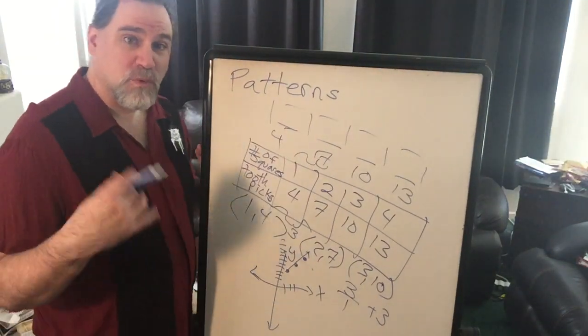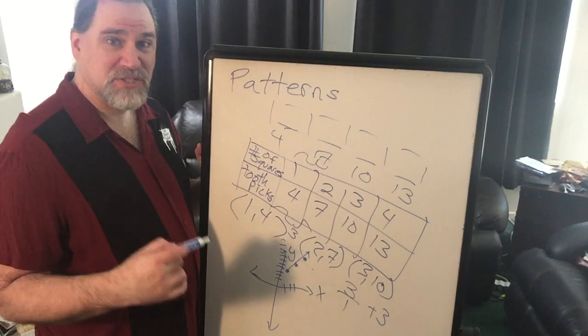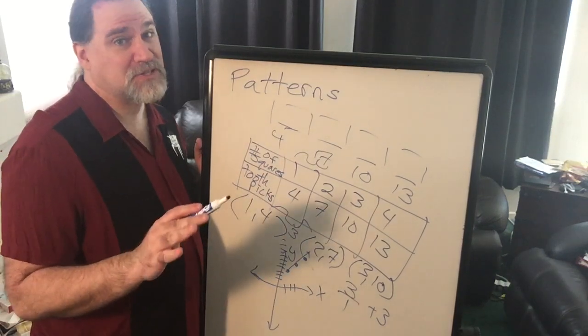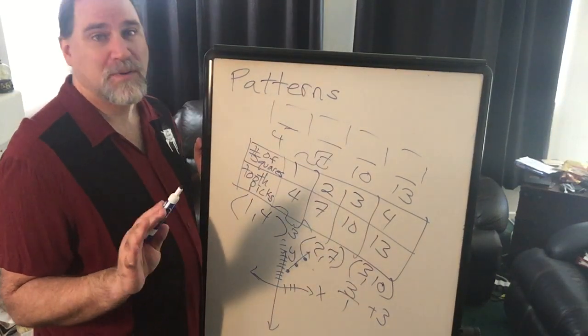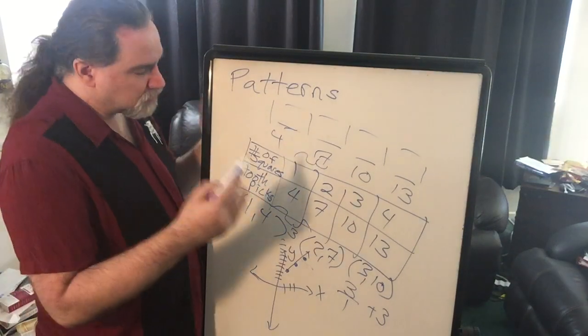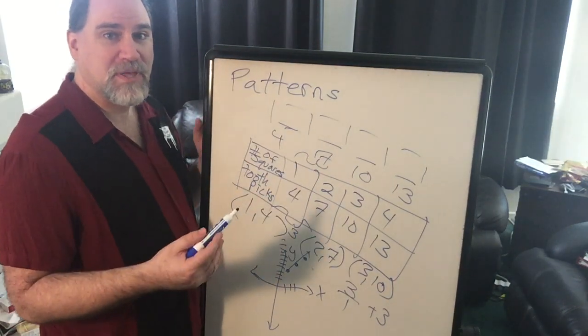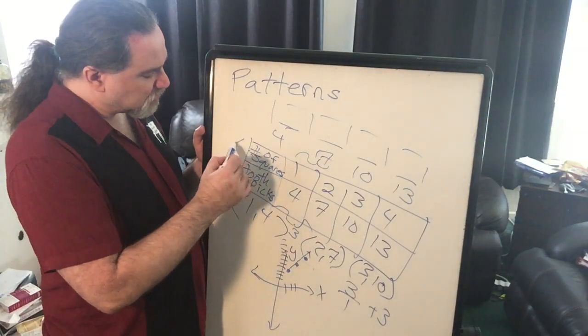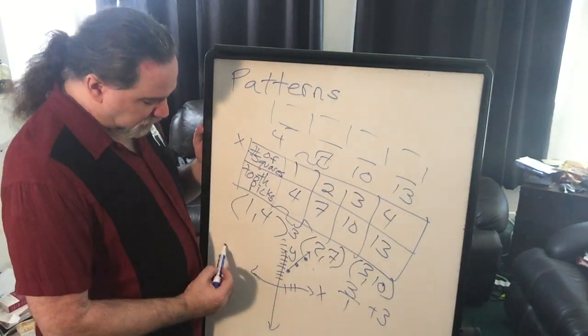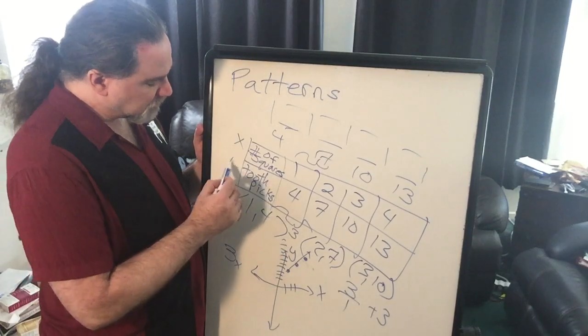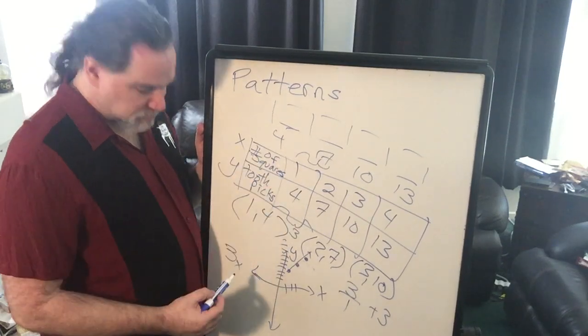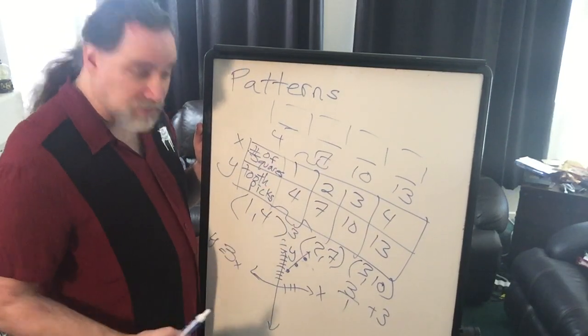Okay. Now, we're going to use this a little bit later on to write our own equations. That's going to be a whole new level of difficulty. But we'll be able to do it because we understand how this works. Okay, so if it's going up by 3 every time, that means that this number, which was our x, is times 3. And this number, our y, was something that it equaled.